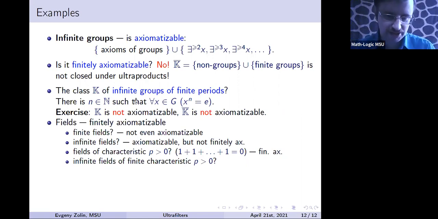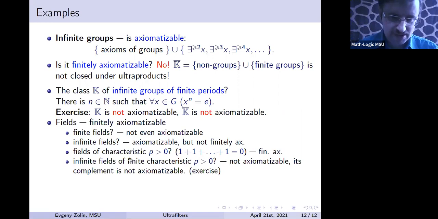We cannot take the direct product, the Cartesian product, because the Cartesian product of fields is not a field. But there are, of course, fields like this, and neither the class of fields of this kind nor its complement is axiomatizable. Again, an exercise like this.